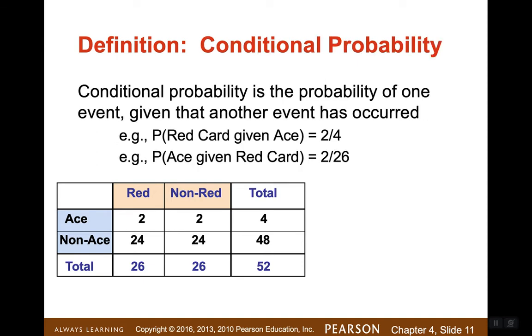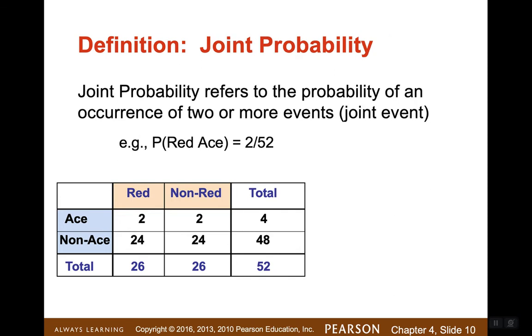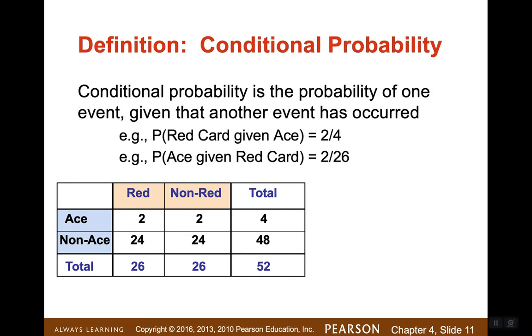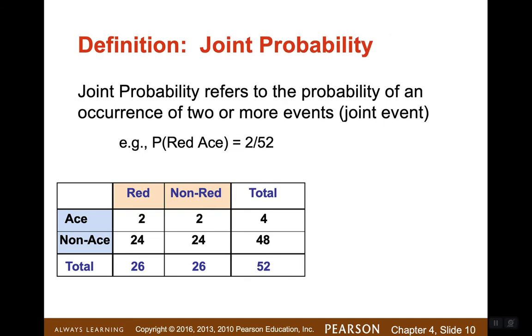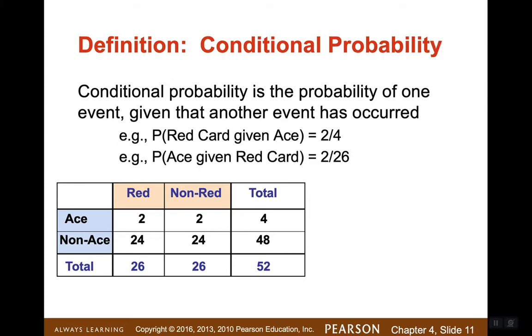So that's a joint probability of 2 or more events. A little bit different from this is what we call a conditional probability. Whereas a joint probability is the probability of 2 or more events, or 2 different characteristics, a conditional probability is the probability of one event occurring given that another event has already occurred.